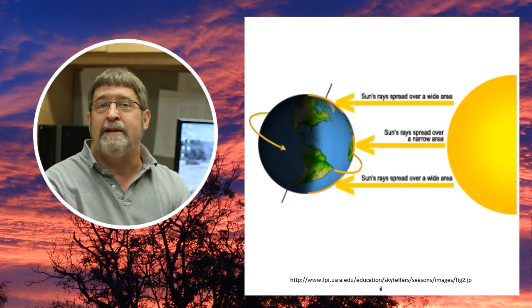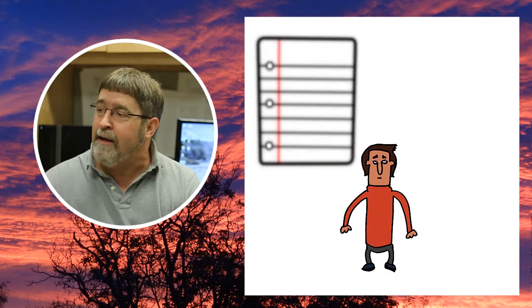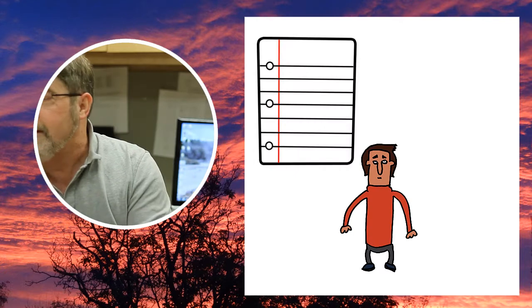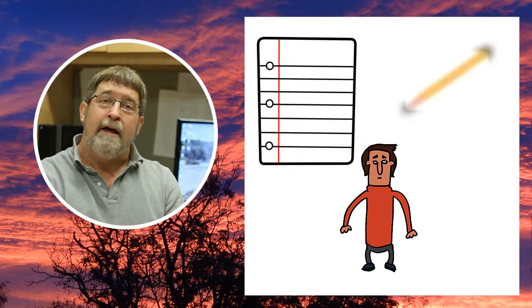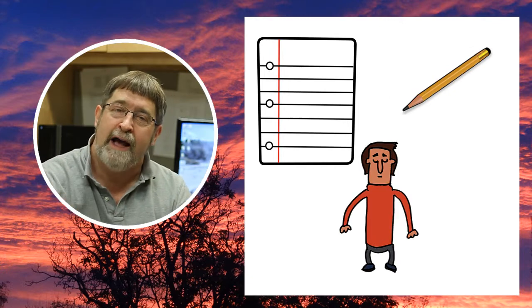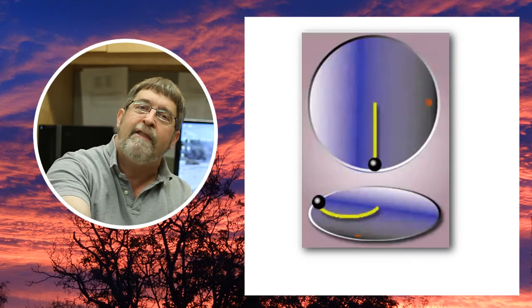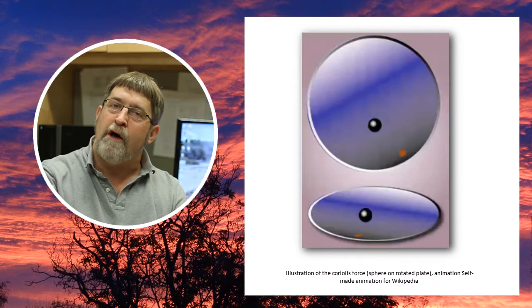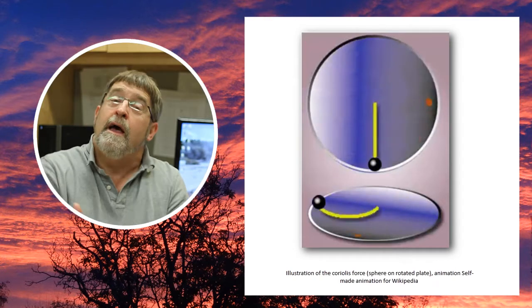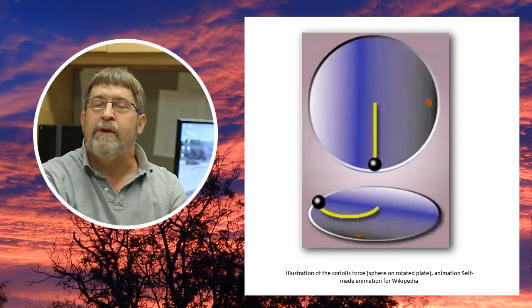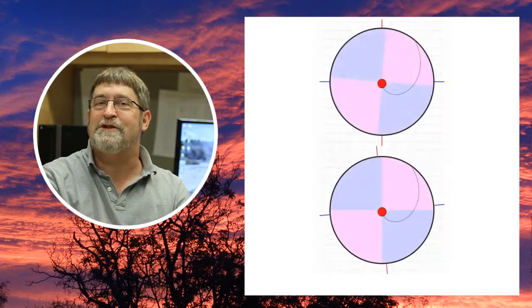One of the experiments I'd like you to try just sitting at your desk is to take a piece of paper, and in this piece of paper you could quickly take a pen, and what you could do is close your eyes and you can draw a line towards you. But as you're drawing the line, what you want to do is rotate that page, either clockwise or counterclockwise. Still draw the pen directly towards you, and look at the shape that you get. And you'll find, naturally, that you'll get a curved line, no longer a straight line.